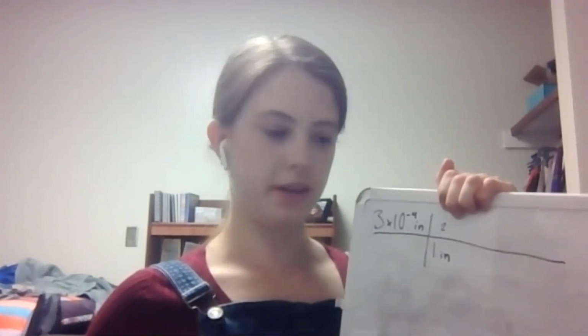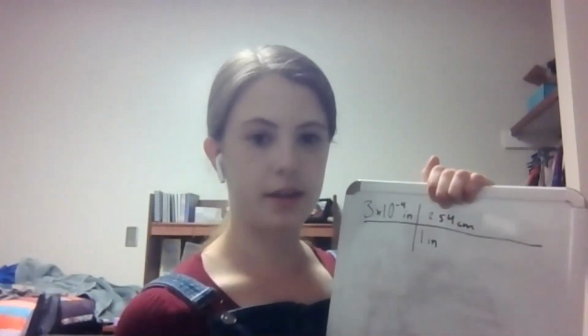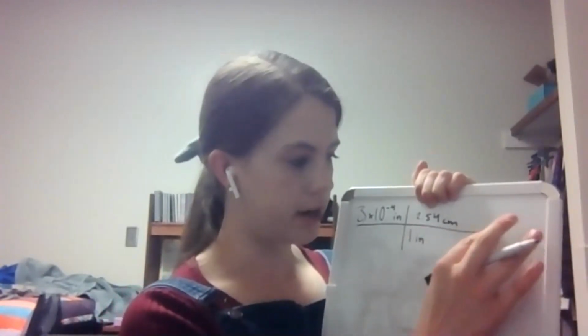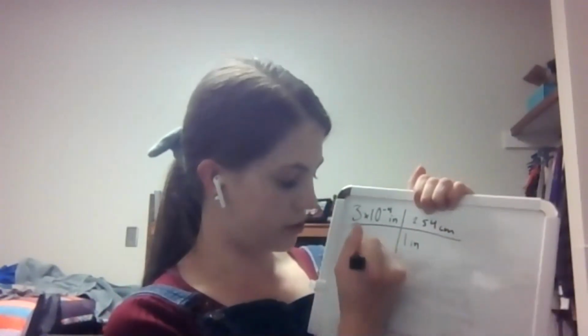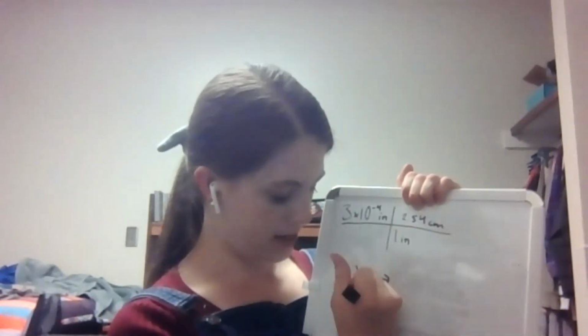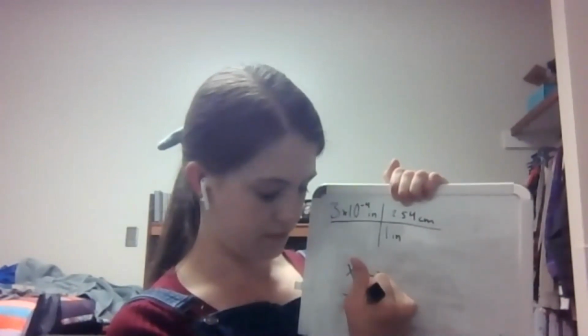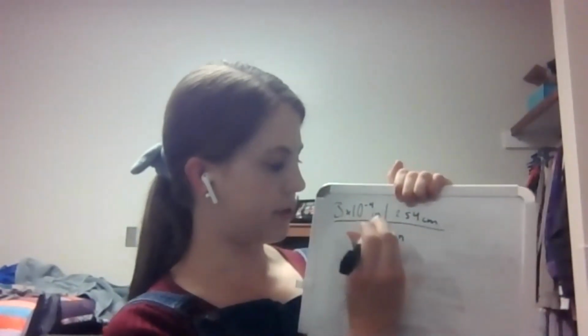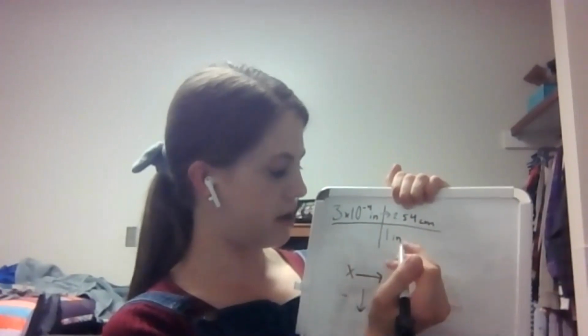Hopefully you can hear me. I just had my audio disconnect for a second. Okay, so 1 inch equals 2.54 centimeters. And then we wanted to convert it to centimeters, so we'll stop there. And how this works is you're going to multiply across and divide down. So we're going to start here, and we're going to go across, and we're going to multiply.